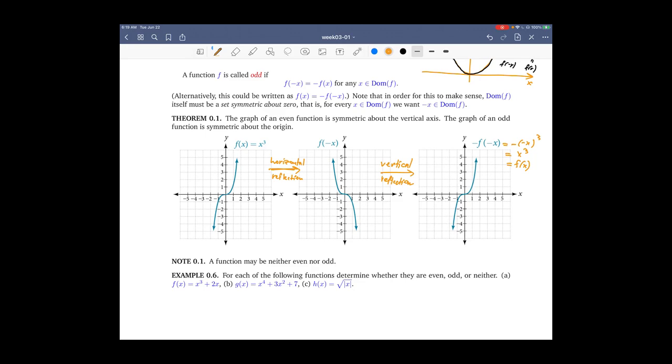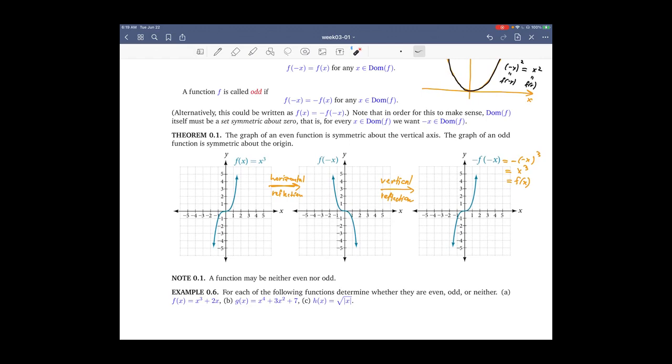We will later see that the function f equals x to any odd power has the same property. X raised to any odd power will be a function that is odd.